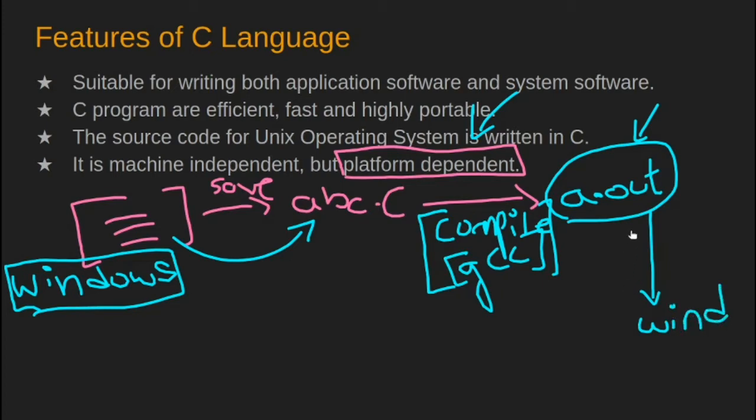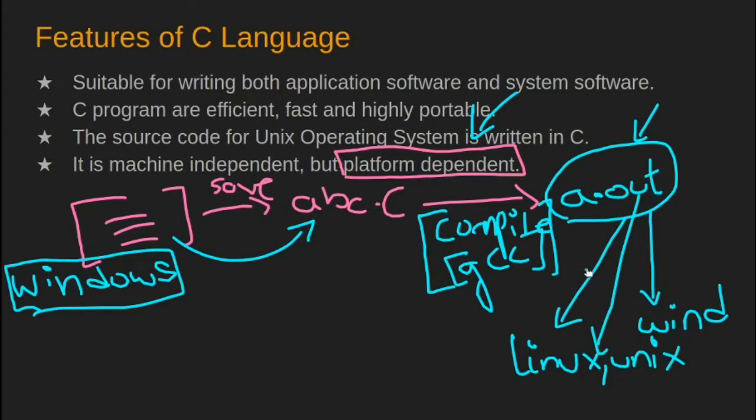But if you take this output file and run it on a non-Windows operating system like Linux or Unix, this file won't run. This is what we mean when we say platform dependent.